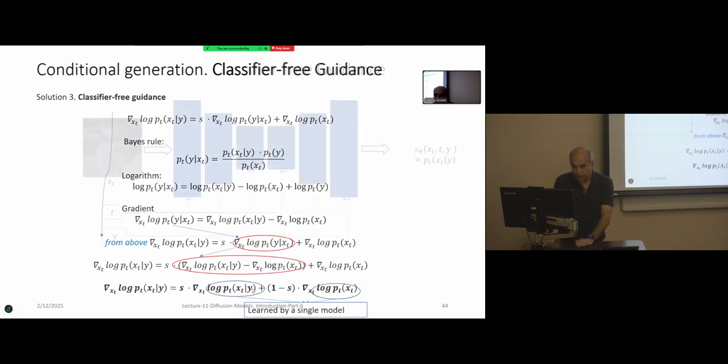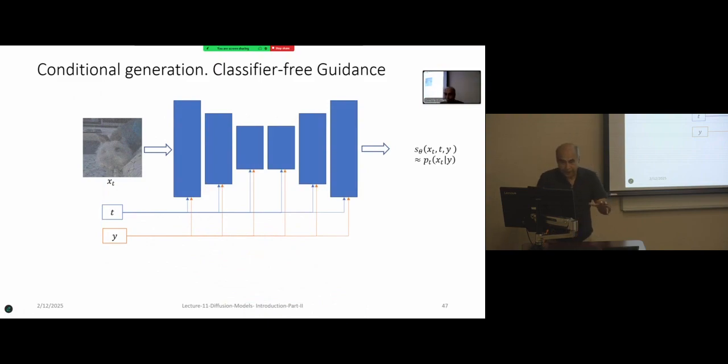So then what will happen is that we can train one network where we will put the condition y like this, and the way we will train, sometimes we will have null, we will not put the condition, sometimes we will put the condition y, and that will satisfy our equation, because we have the same network which is being trained using this thing.